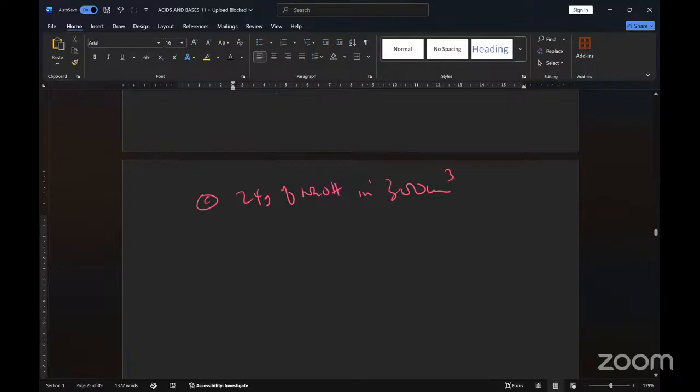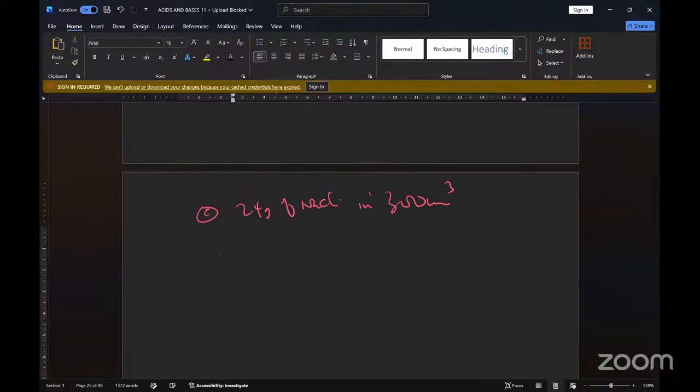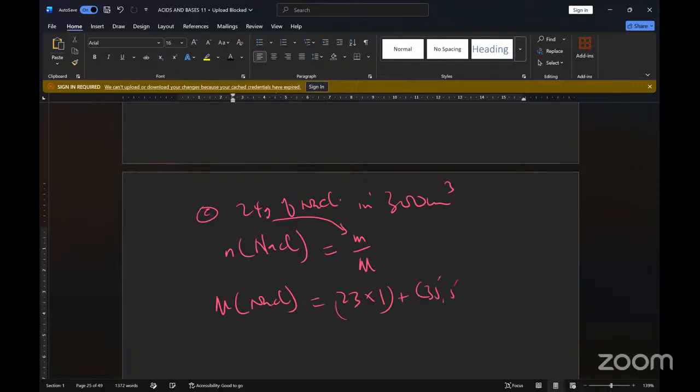So again, the number of moles of sodium chloride is equal to mass over molar mass. The mass is already given. The molar mass of sodium chloride is going to be 23 times 1, because the atomic mass is 23 and there is only one of them, and then chlorine is 35.5 times 1.